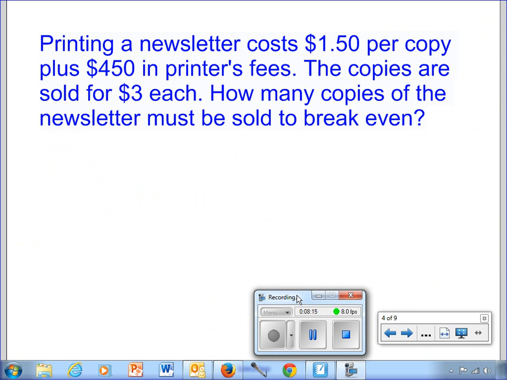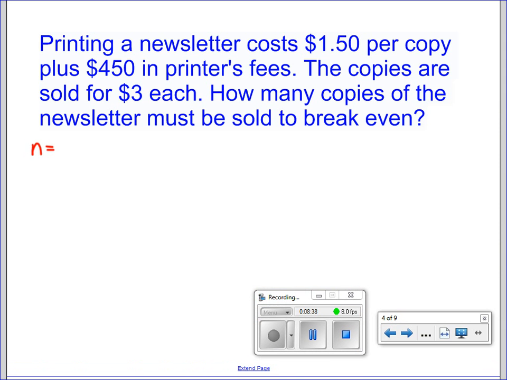All right, let's go to the next problem, which is very similar to this. Printing a newsletter costs $1.50 per copy plus $4.50 in printer's fees. The copies are sold for $3 each. How many copies of the newsletter must be sold to break even? This is very, very similar to the other. Again, we could use C for copies, or let's change it.